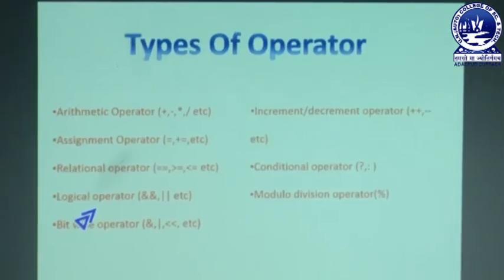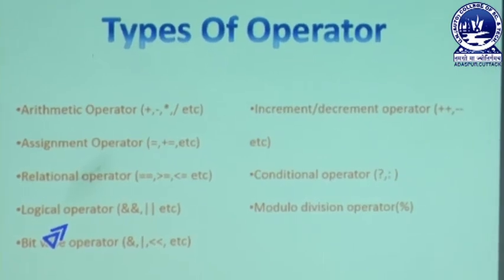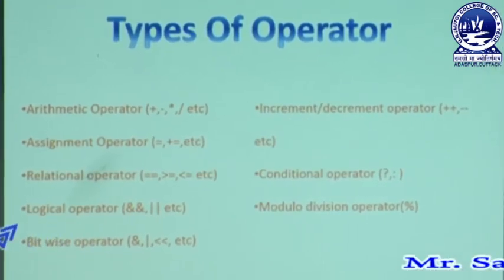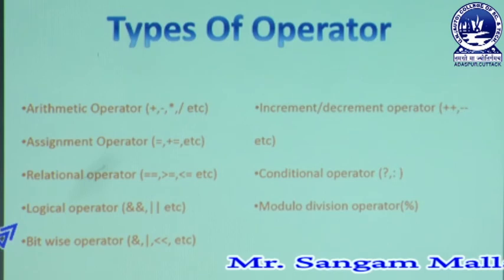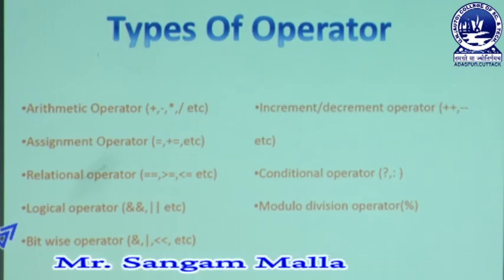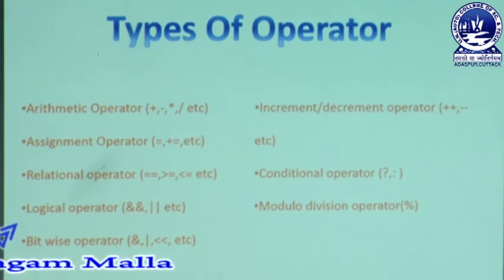Next we will be discussing the types of operator. Here you can clearly see the different types: arithmetic operator, assignment operator, relational operator, logical operator, bitwise operator, increment decrement operator, conditional operator and modulo division operator.